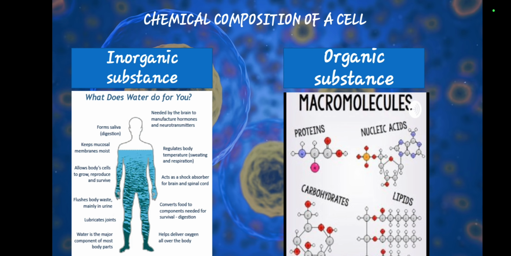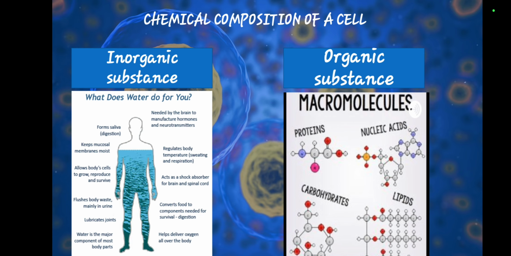Again and again. What is the difference between inorganic substances and organic substances? Inorganic substances are water and minerals, while organic substances are called macromolecules, or the biomolecules inside your body. And what are those? Carbohydrates, protein, nucleic acid, and lipids.